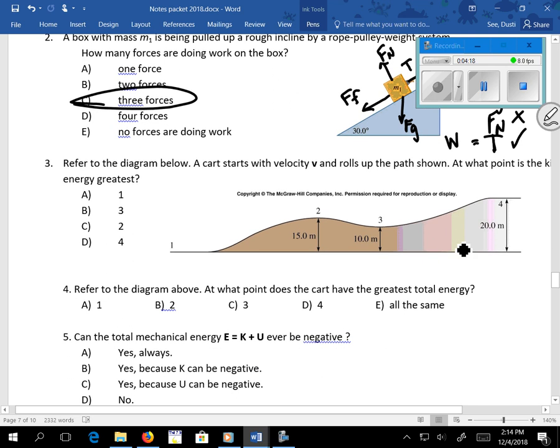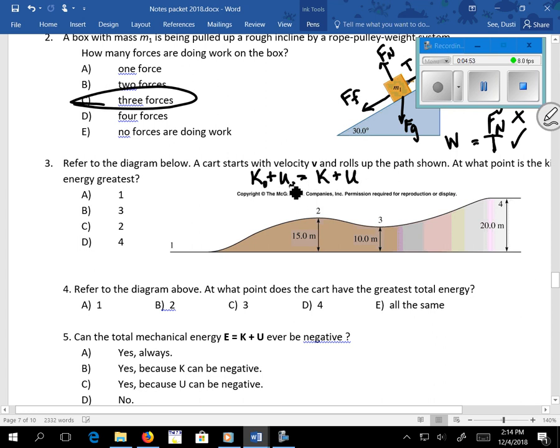On number 3, refer to the diagram. A cart starts at a velocity of v and rolls up the path shown. At what point is the kinetic energy greatest? When we think about it, the kinetic energy should be greatest when the potential energy is the least. We have kinetic plus potential equals kinetic plus potential, always.